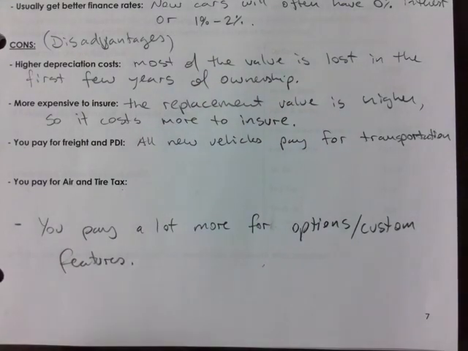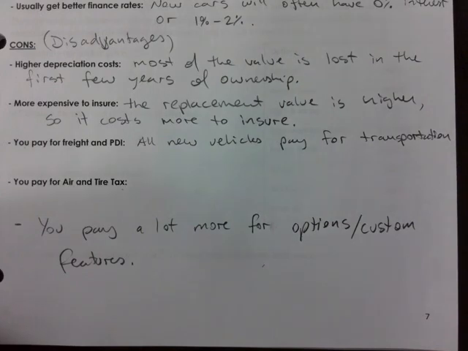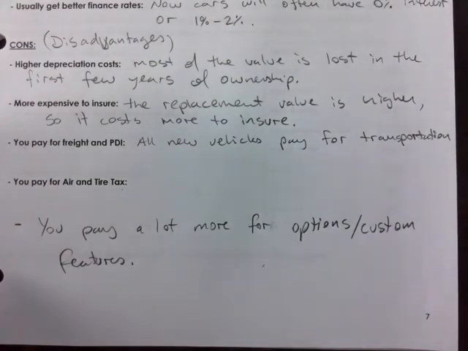So let's say you want a moonroof or a sunroof or whatever. If you just look for it on Kijiji and you just come across it, the price won't be a whole lot different than another car in similar condition. But if you're at a dealership and you say, no, I want that, you're going to pay top dollar just for that sunroof for sure. It's probably going to be 1,000 or more. So you pay a lot more if you want that and it's brand new.